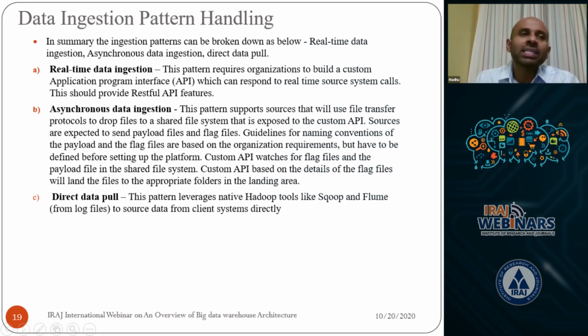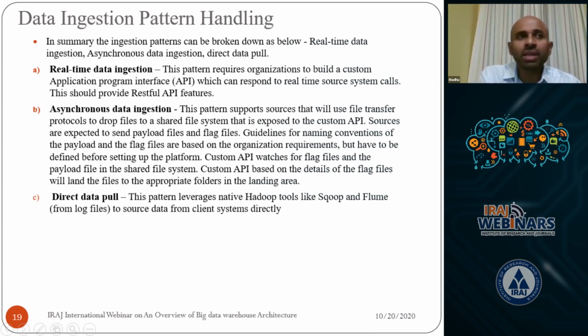We are bringing in this API because you need to understand the metadata of the file. So this API stores the metadata of the source, whichever is coming in, and puts it into a backend HBase table. So you build a custom application which can respond to real-time source calls.